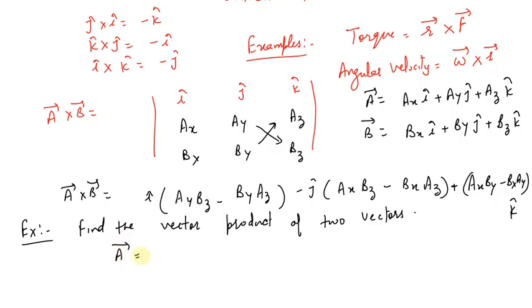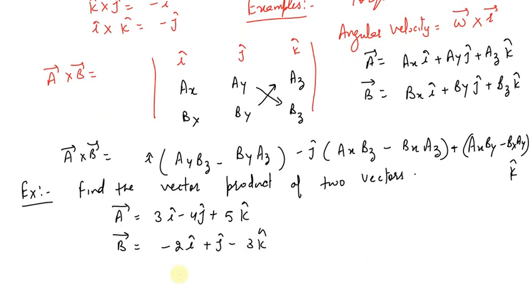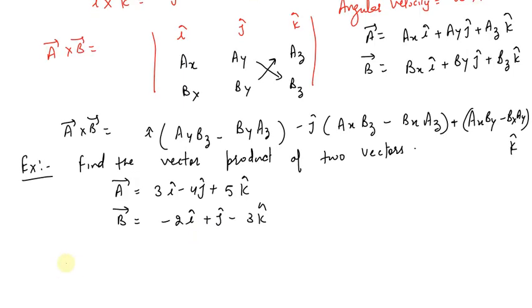Vector A we have is 3i minus 4j plus 5k, and vector B is minus 2i plus j minus 3k. We have to find the vector product A cross B.